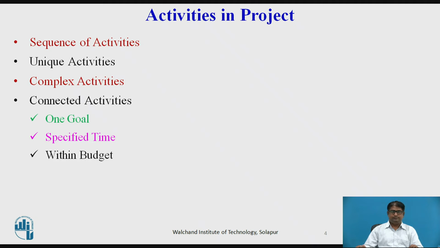Within budget, the projects also have a resource limit, such as a limited amount of people, money or machines that are dedicated to the project. These resources can be adjusted up or down by management, but they are considered fixed resources by the project manager.